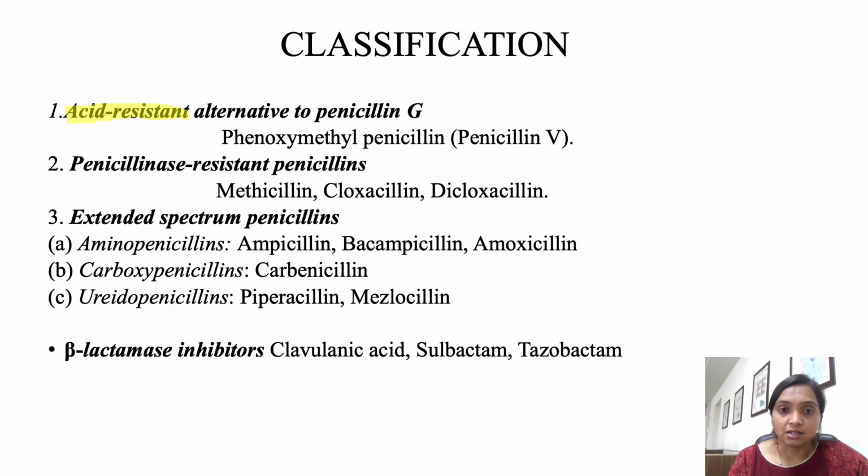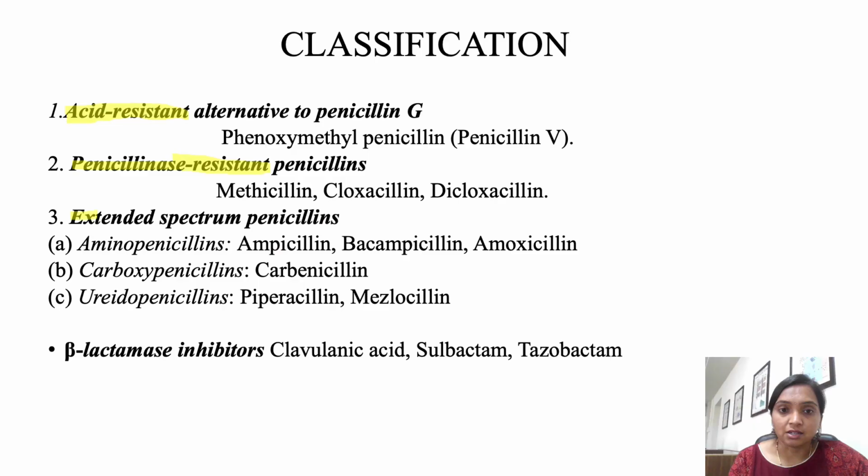It will be destroyed by acid, but this is acid stable. This is penicillin V, or it is also called phenoxymethyl penicillin. Those antibiotics which are penicillinase resistant, we also saw penicillinase sensitive ones are destroyed. So methicillin, cloxacillin and dicloxacillin are penicillinase resistant.